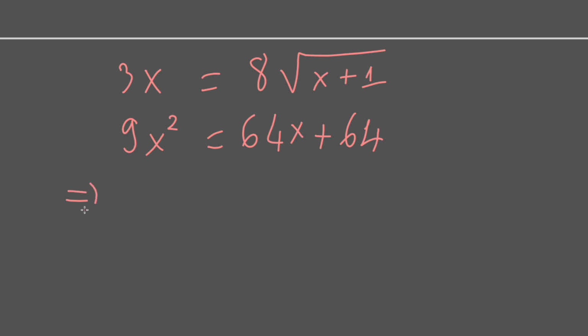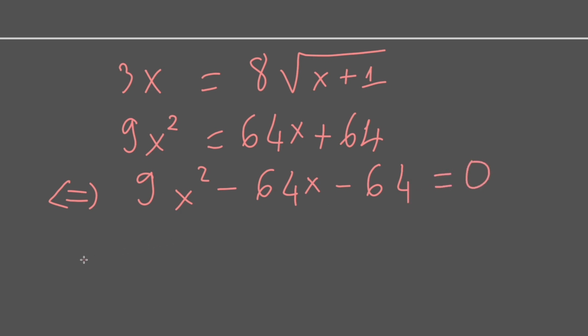Just transform both sides of this equation, you will get a very simple quadratic equation. And by applying the formula to solve this equation, you will have x equal to 8, or x equal to negative 8 over 9.